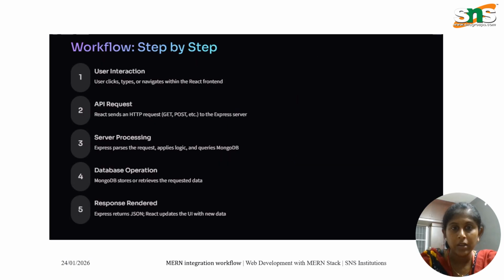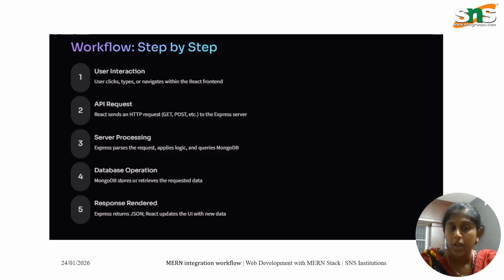Now let's look at the workflow step by step. Step 1, user interaction. The user interacts with the React frontend by clicking buttons or submitting a form. Step 2, API request. React sends an API request using fetch or Axios. Step 3, server processing. Node.js and Express.js receive the request and execute the required logic.